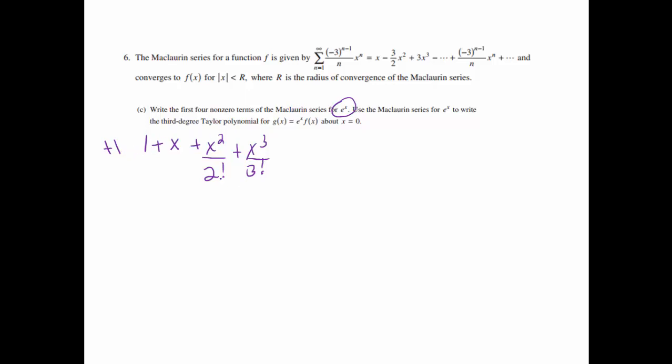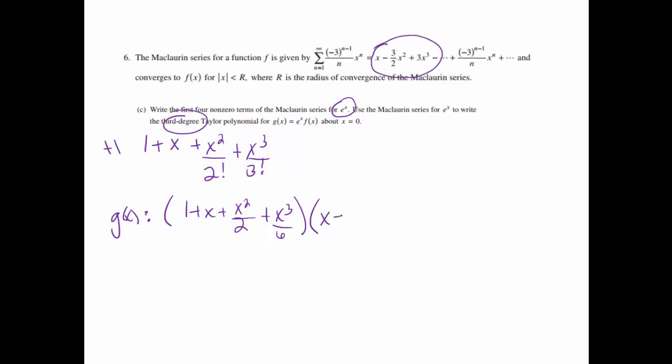So just memorizing a formula was worth a point, which is awesome. All right, now it says to use that to write a third degree Taylor polynomial, third degree, so the highest power is going to be 3, for e to the x times f of x. So g of x is going to be e to the x, which was 1 plus x plus x squared over 2, plus x cubed over 6, times f of x, and we know f of x is this, so x minus 3 halves x squared plus 3x cubed.